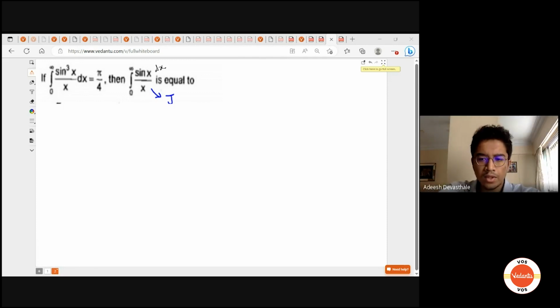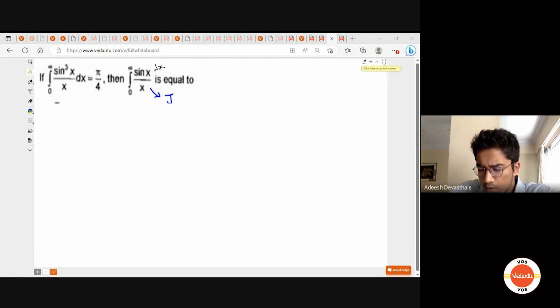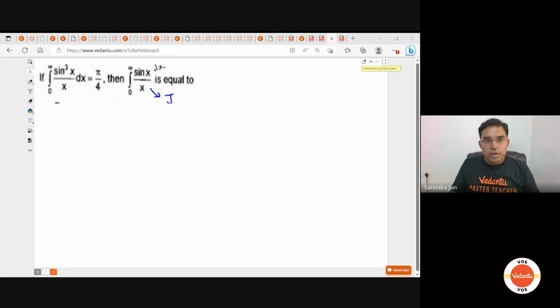So basically, I have to assume that this is integrable. I don't have to prove that sine x over x is integrable. Yeah, you have to just try to do the calculation so that this integration that they are asking for comes in the form of this sine cube x upon x. Like I'm not able to proceed with the standard methods. Okay, no problem. So should we tell you this solution?